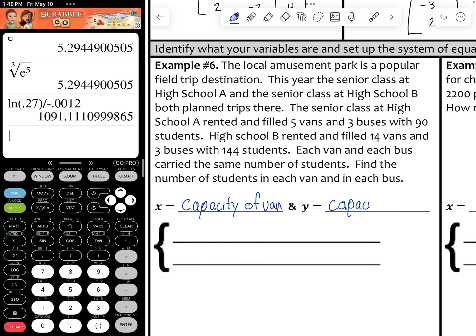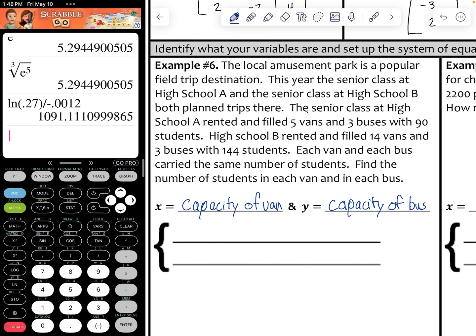And then we need to set up our two equations. So one equation is going to represent high school A, and the other one is going to represent high school B. Okay, since vans are X, let's look at high school A here. Vans are X, and buses are Y. And typically means plus sign.